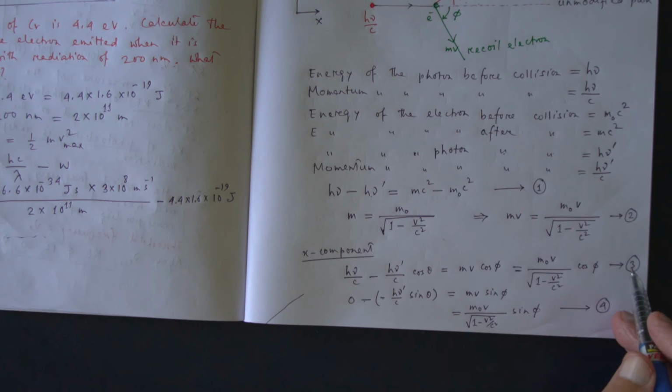Now how to do the calculation? One thing we can do is take the square of 3, take the square of 4, and add.